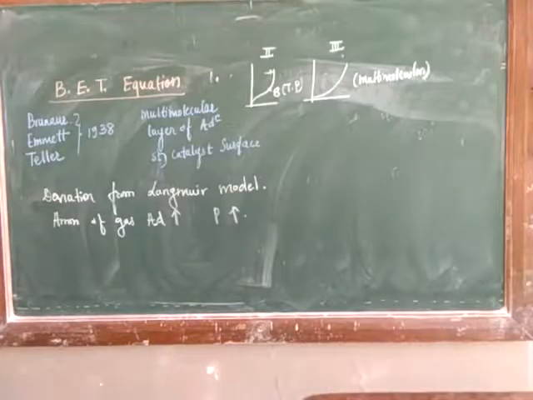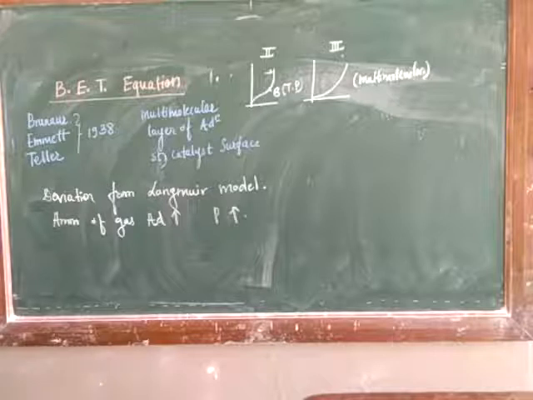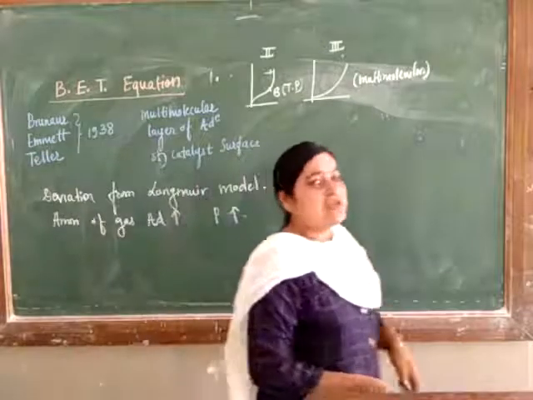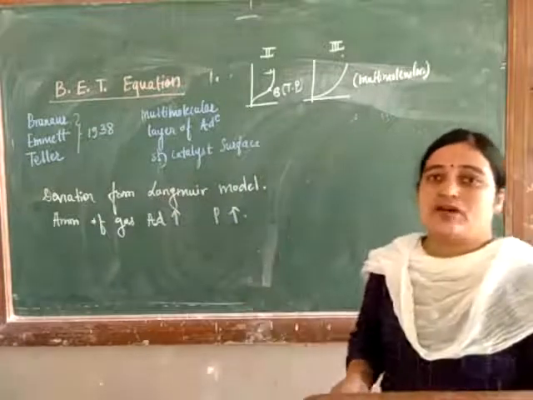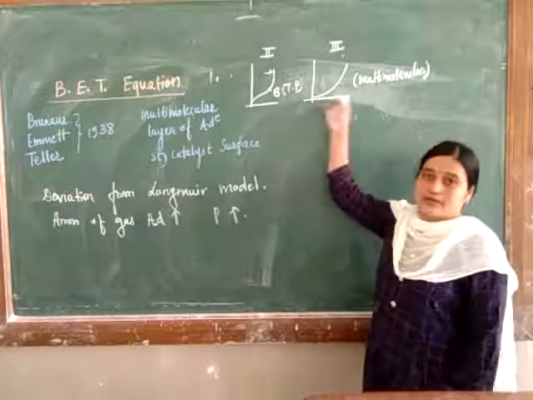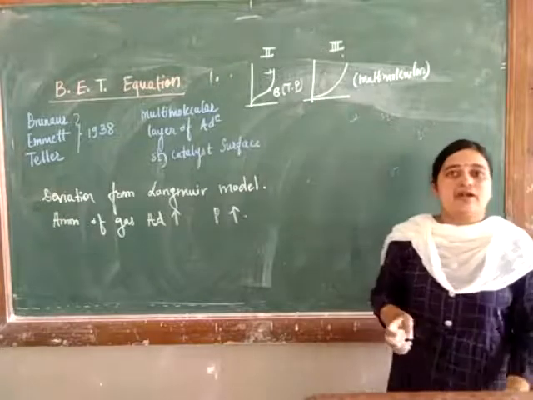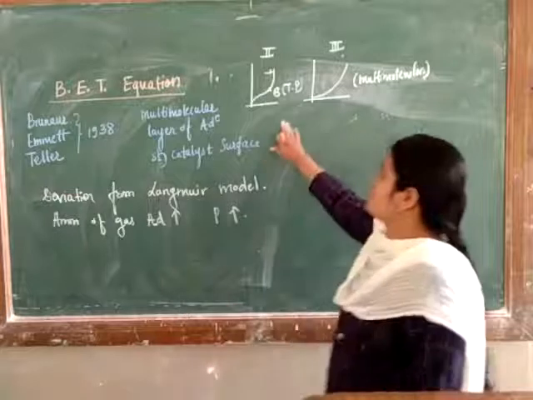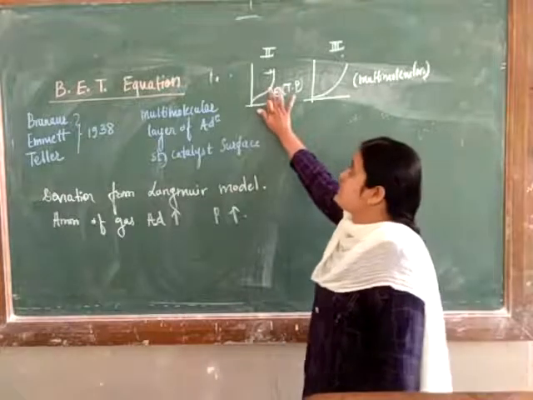Let's see the next part of our topic, that is the BET equation, the theory of multilayer adsorption. This theory arises from what we already saw in the type 2 and type 3 isotherms. Among the 5 types of isotherm, in the type 2 isotherm, a transition point is reached.